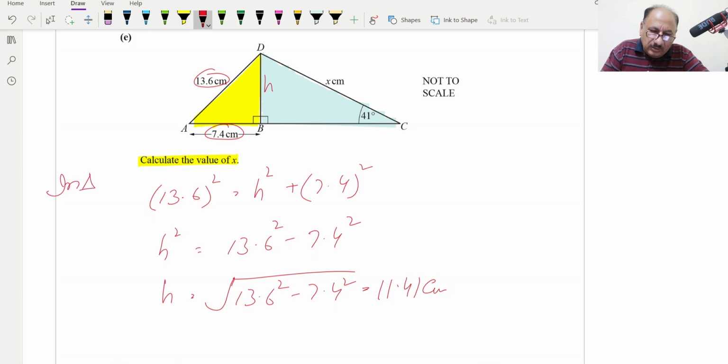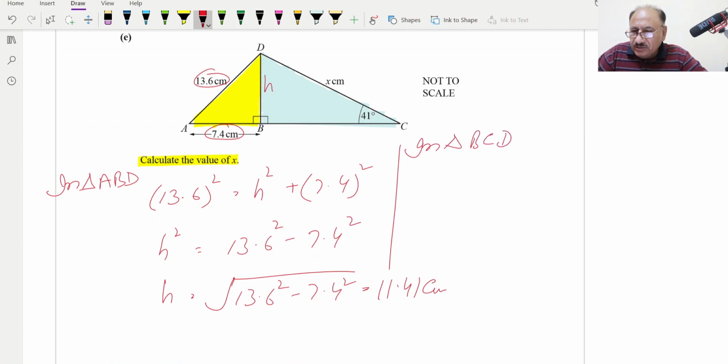This is triangle ABD, and this one is triangle BCD. BD over CD will be equal to sine of 41 degrees, and BD, this one, is 11.41 centimeters.